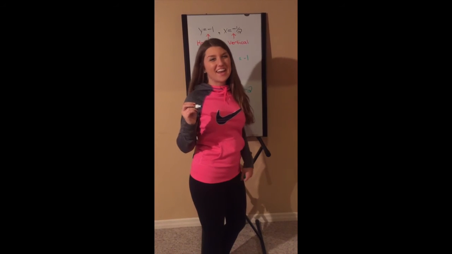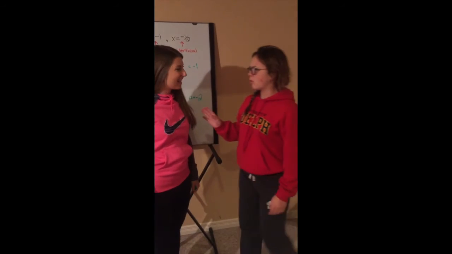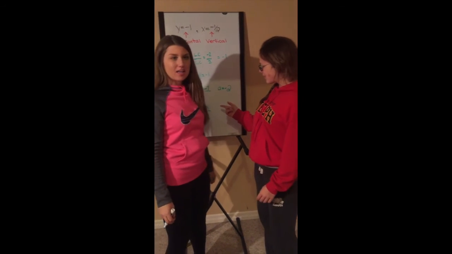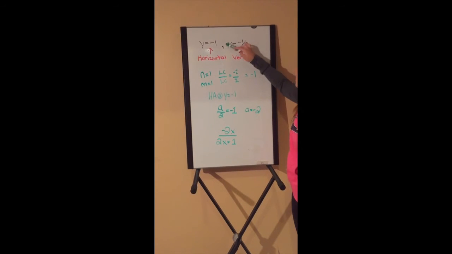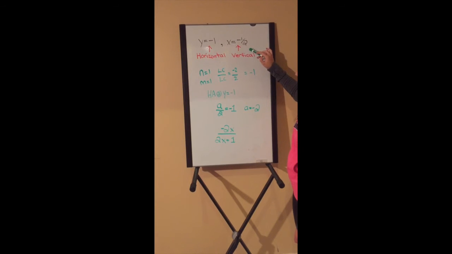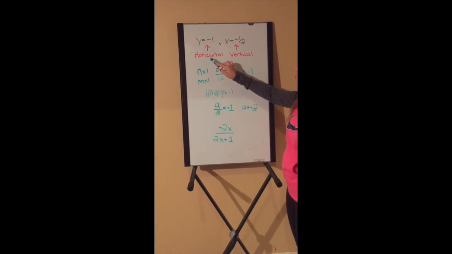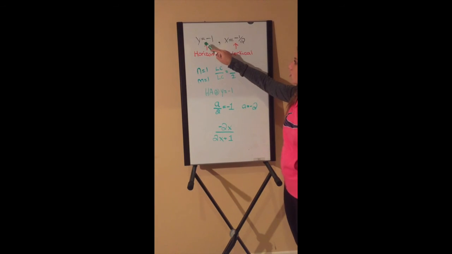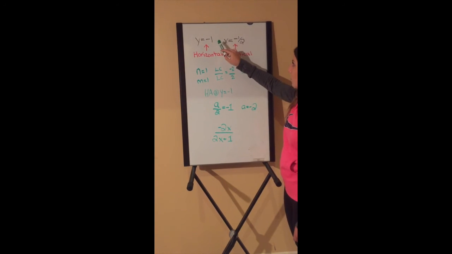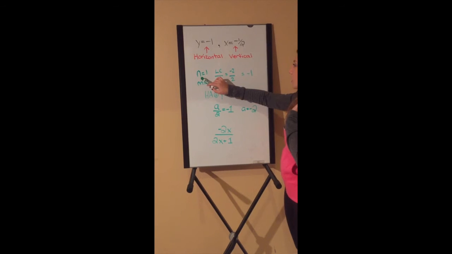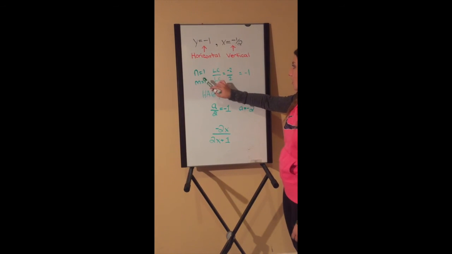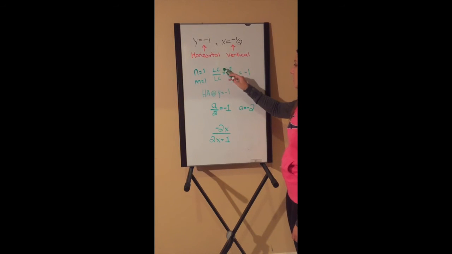And that's how you get negative 2x. Whoa, back it up. How did you get that? So in the previous equation, we already solved for a vertical asymptote, but we're still going to use this as our denominator in order to solve for a horizontal asymptote. So a horizontal asymptote is y equals negative 1. So in this equation, n equals 1 and m equals 1. So since they're the same, we then have to go to the leading coefficients in order to solve.